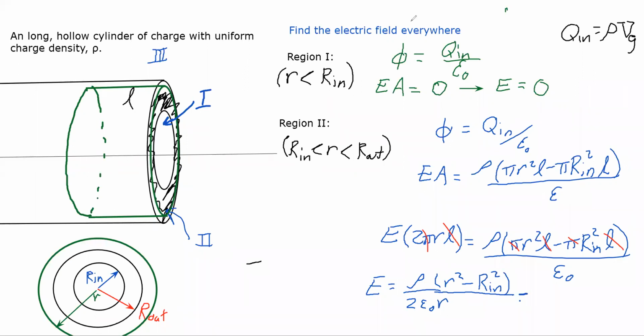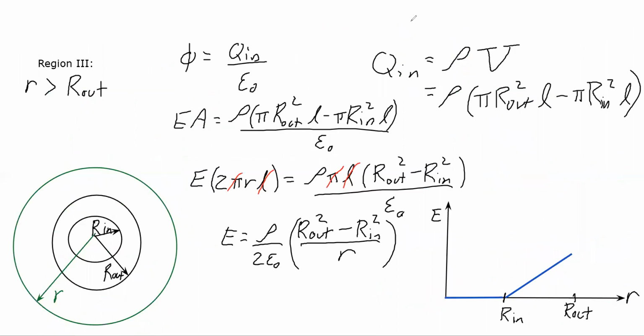If I rewrite it just to see how it behaves: rho R over 2 epsilon 0 minus rho R in squared over 2. Oh no, that's not linear. That's not a linear function. When R in equals lowercase r, it's going to be 0, and then it's going to start to increase there. I'm not exactly sure how that function looks, but it's not linear.